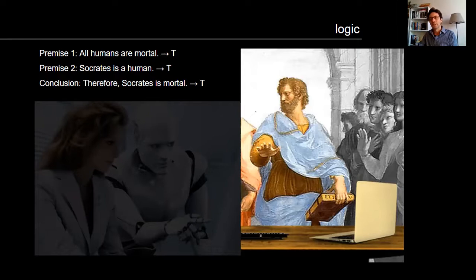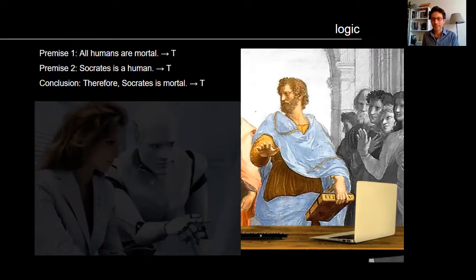In a valid argument, there is no way for the conclusion to be false as long as the premises are true. So what do I mean by this statement? Look at this valid argument again. There are two premises, which you can also think of as statements that we use to reach a conclusion. Premises are statements that we use to reach a certain conclusion. And there is one conclusion. This is a very simple, valid logical statement.